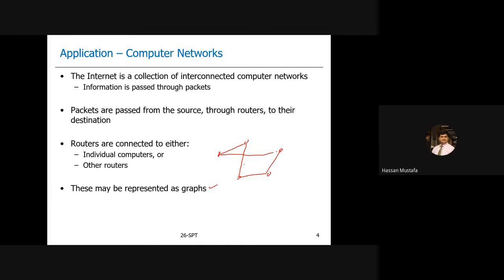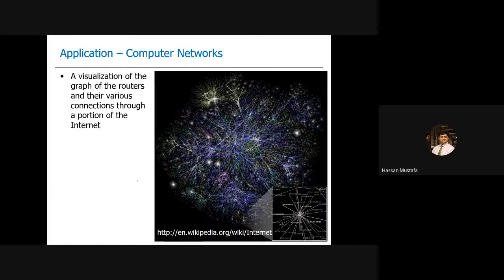The application is that if we want to send a packet through such a dense network, and we have shown the graph of this network, and we want to pass the information from this specific node to this specific node, we have to find a shortest path from this very dense graph.